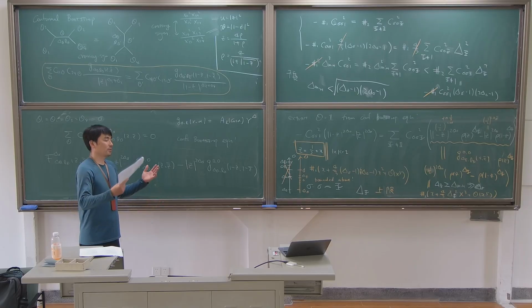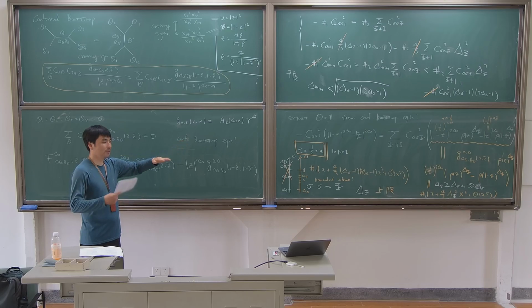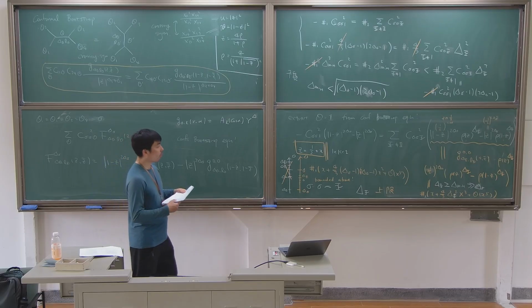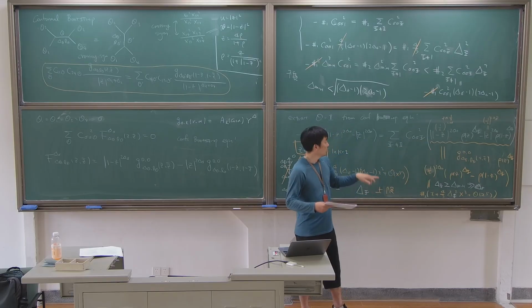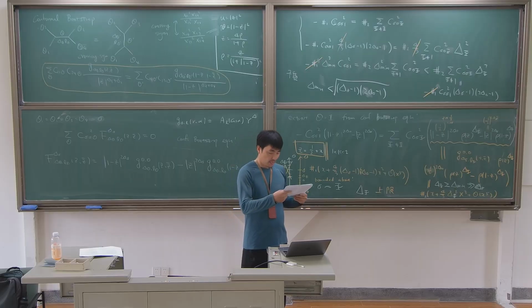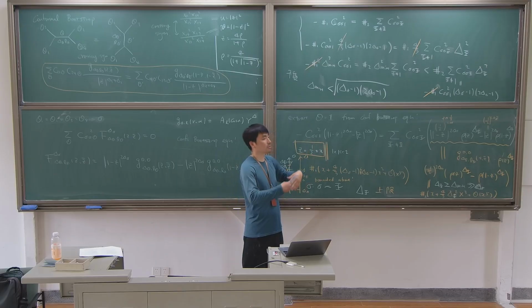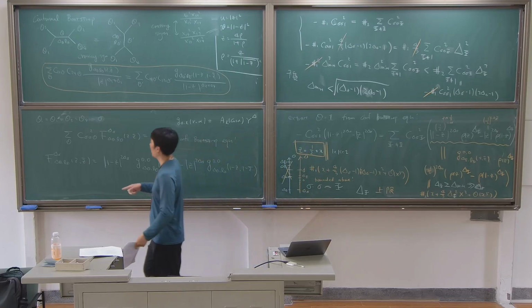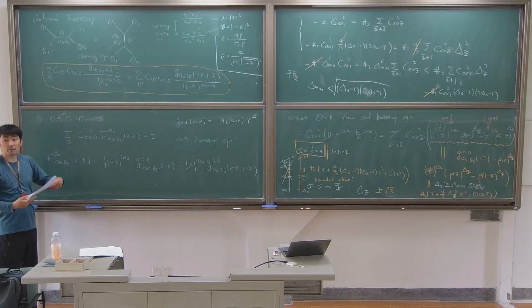This is a very naive analysis, but you can use many things to improve this bound. You can consider more descendants more rigorously, or set z somewhere else, not 1/2, or consider some other four-point function. Here I assumed O1, O2, O3, O4 are scalar operators, sigma, but we can consider something different.